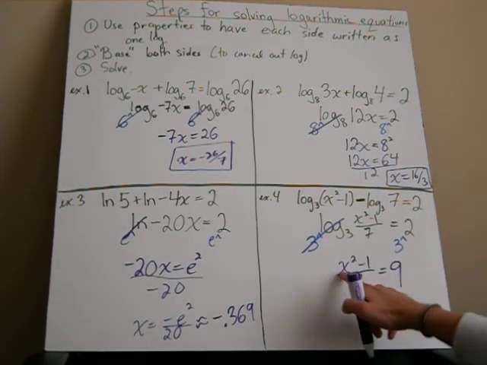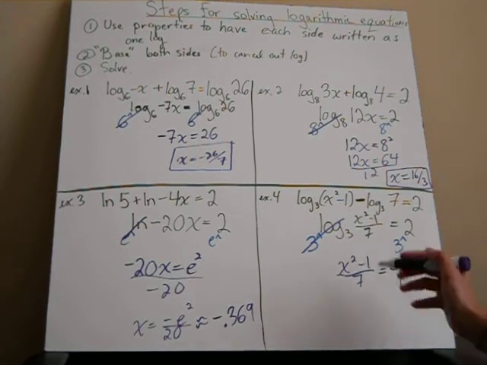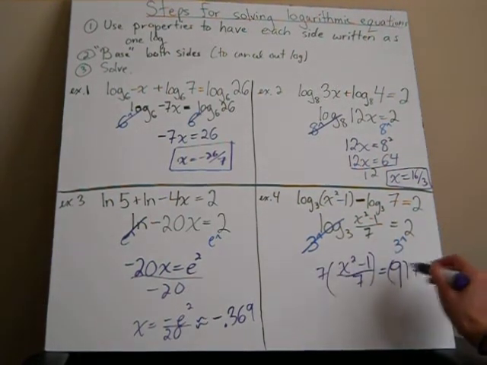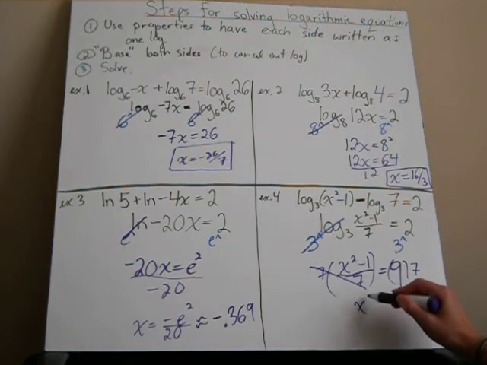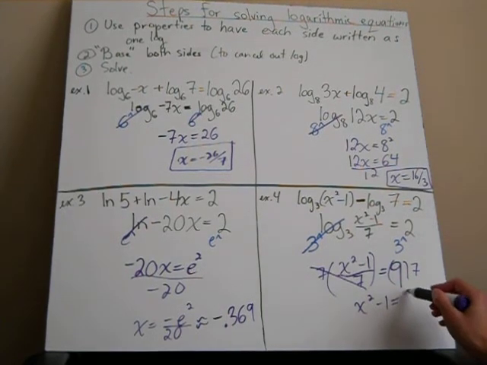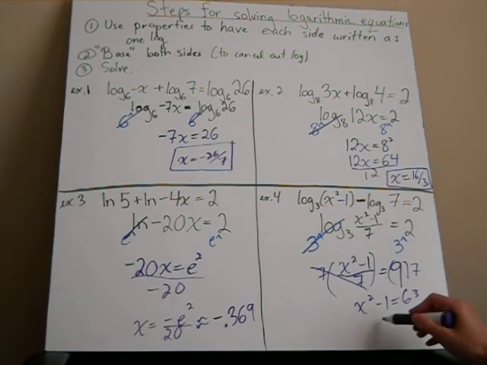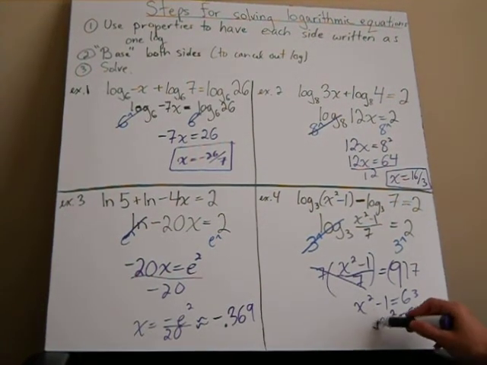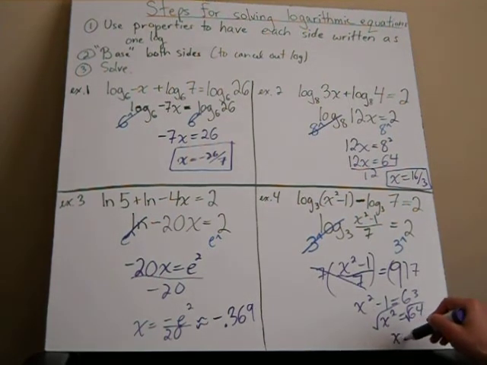So now I'm just trying to solve for x. So I can multiply both sides by 7. And I have x squared minus 1 is equal to 7 times 9 is 63. Add 1, and x squared is equal to 64. Square root both sides, and x is equal to positive or negative 8.